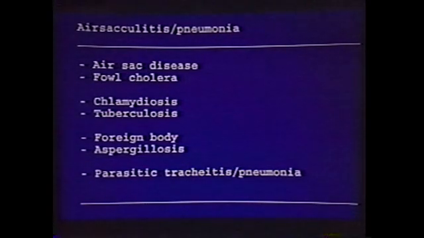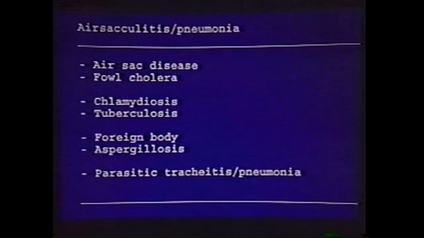And air sacculitis and pneumonia can be caused by a variety of agents. By far, most of them are due to bacteria. May be predisposed by upper respiratory tract infection, viral infection, or mycoplasma infection, or vaccine against respiratory viral diseases.